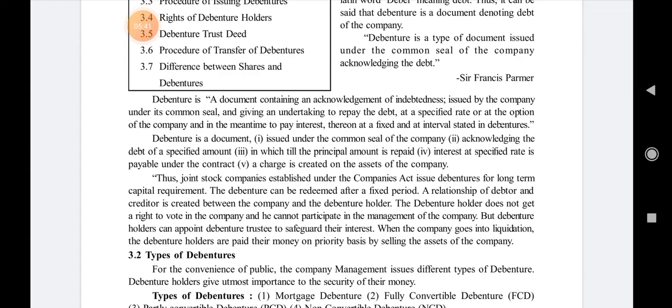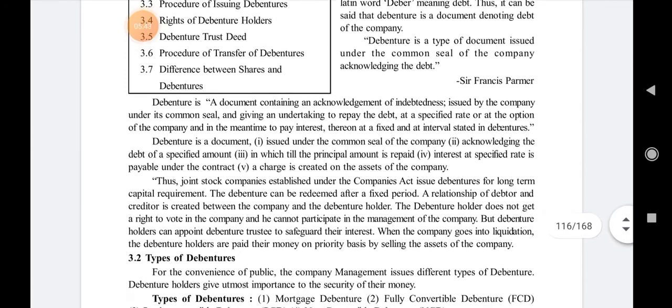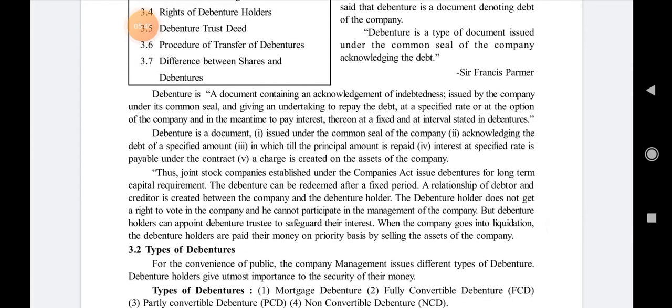A document containing a kind of acknowledgement of indebtedness means the company has taken a debt from the public, and you have to repay it, and within the repayment duration you have to give a specific interest on it at a fixed rate.